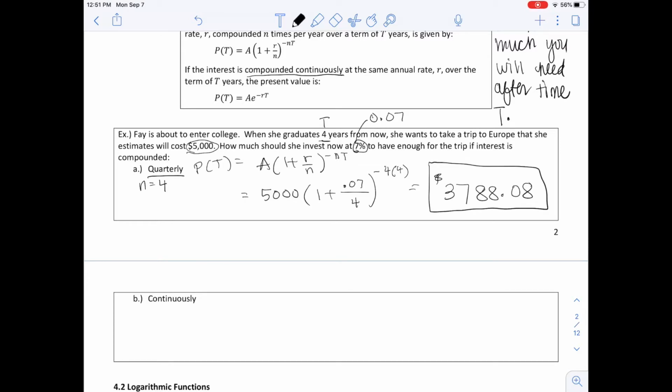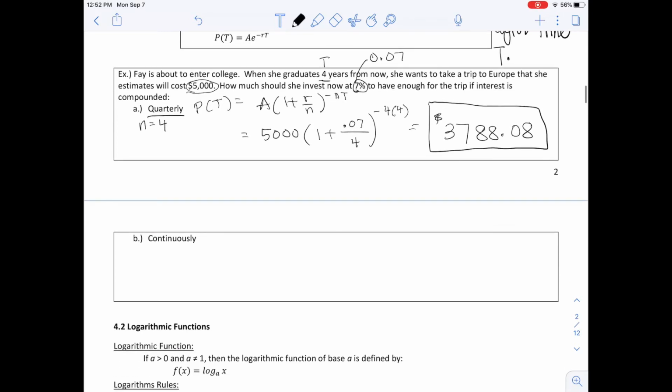So for Faye to have enough to go to Europe when she's done with college, she needs to put $3,788.08 into an investment to guarantee that she should have $5,000, as long as this bank has a 7% interest rate compounded quarterly.